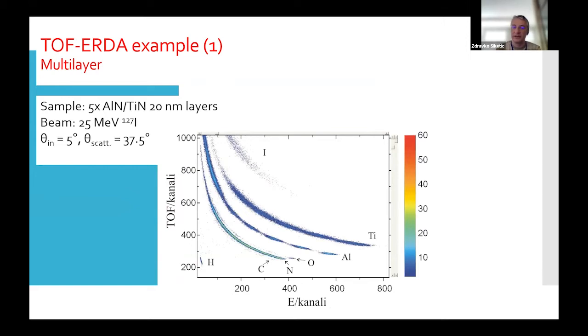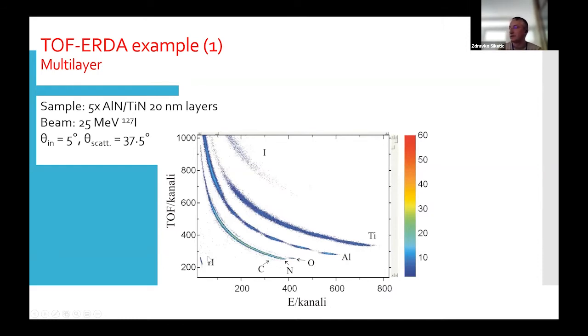If you remember, in time-of-flight ERD, we collect time-of-flight and energy in coincidence. And this is how it looks in the map. On the y-axis, you have time-of-flight. On the x-axis, you have energy. And these, let's say I call them bananas, belong to certain elements.